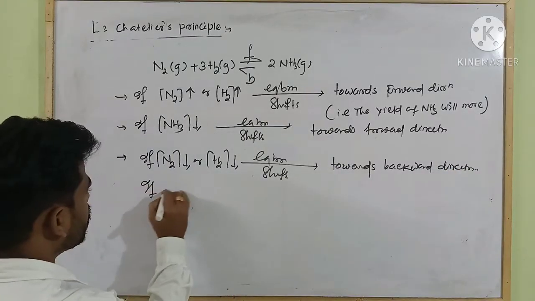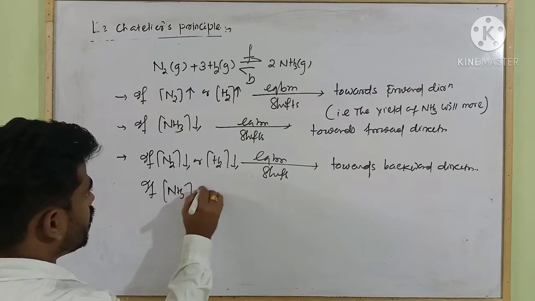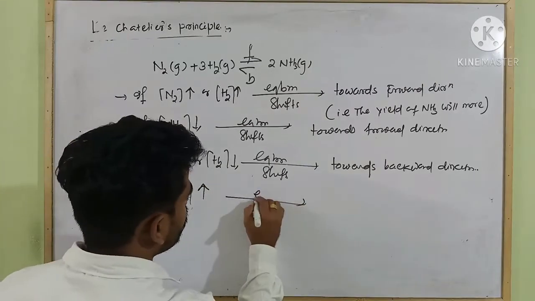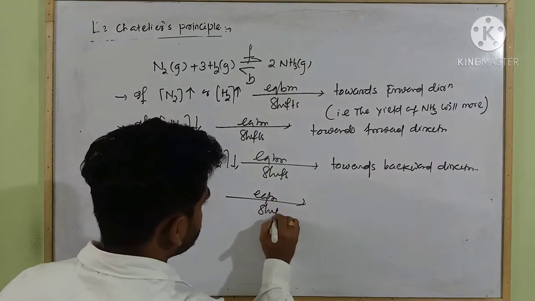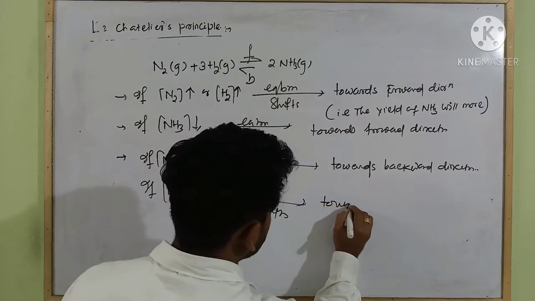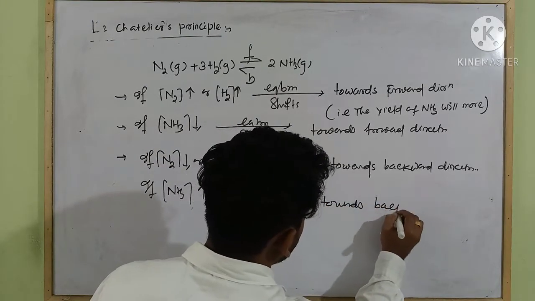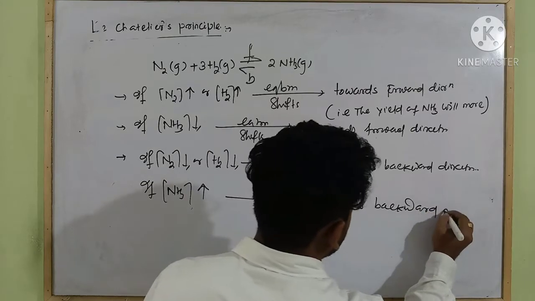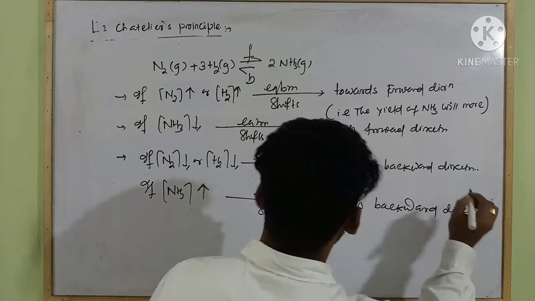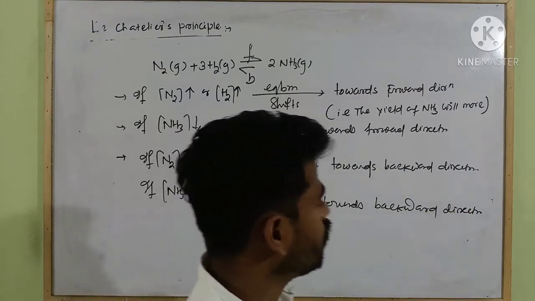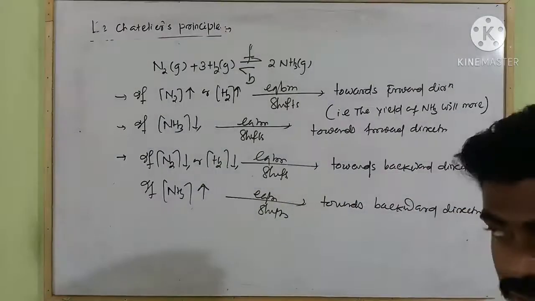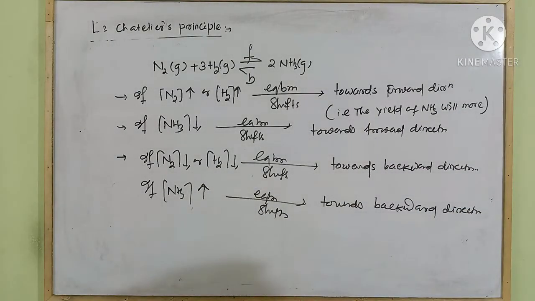Again, if the concentration of ammonia increases, then the equilibrium shifts towards the backward direction, to minimize or undo the effect of increase or decrease in concentration. Clear?